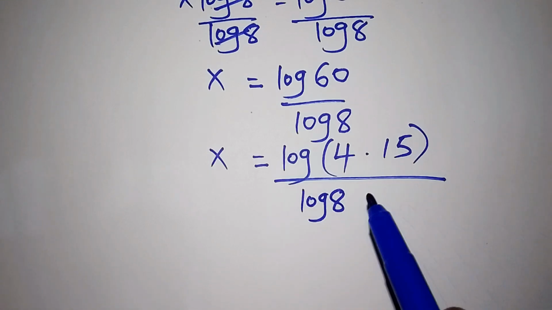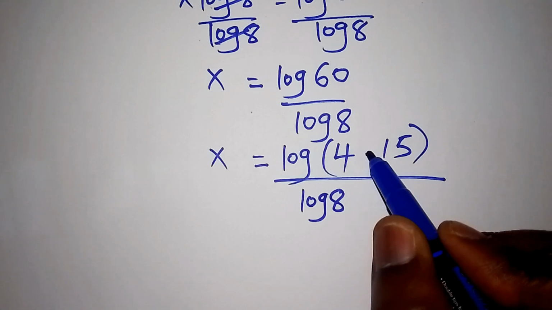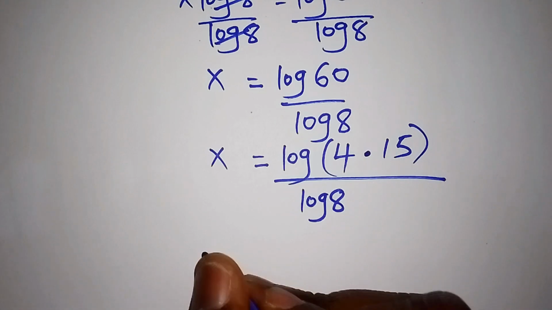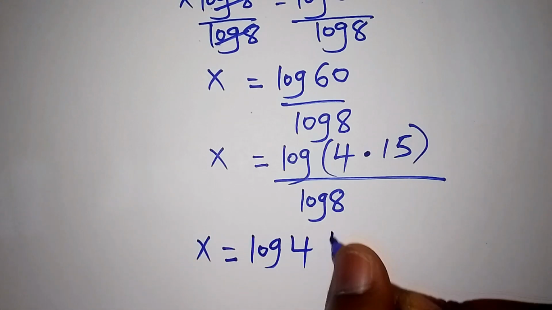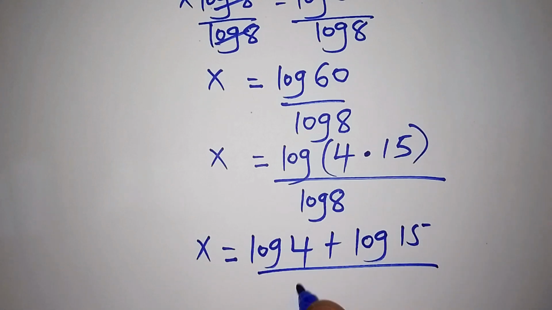For us to expand the bracket, our multiplication sign shall now change to addition. So now our x shall be the log of 4 plus the log of 15, all over the log of 8.